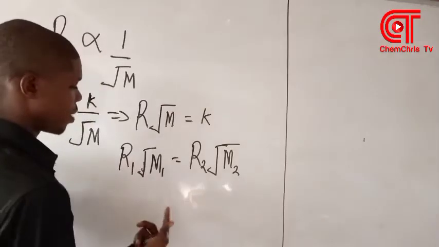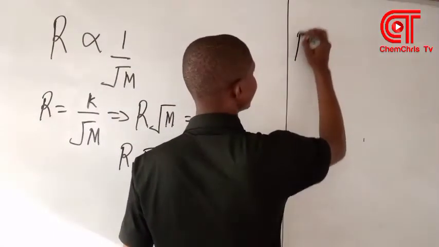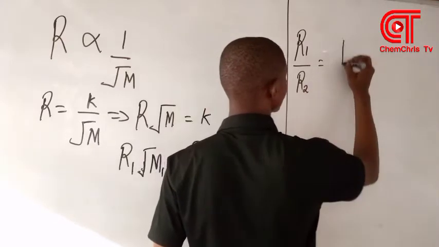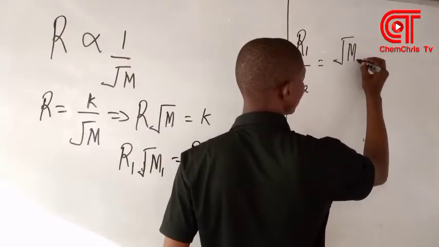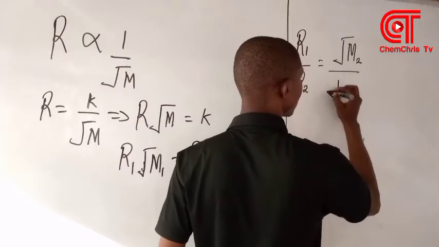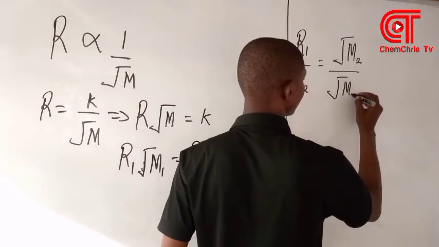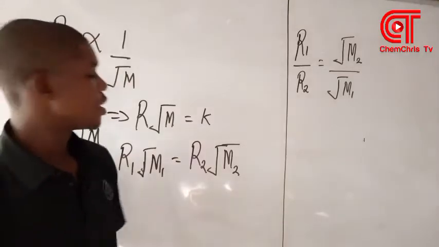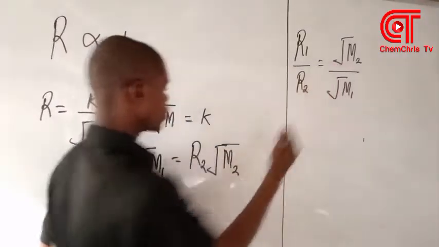If you arrange it very well, we are going to have rate 1 over rate 2 equals the square root of molar mass of gas 2 over the square root of molar mass of gas 1. If you cross multiply, I'm going to get this one back.